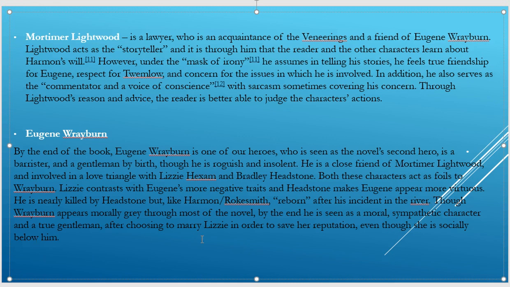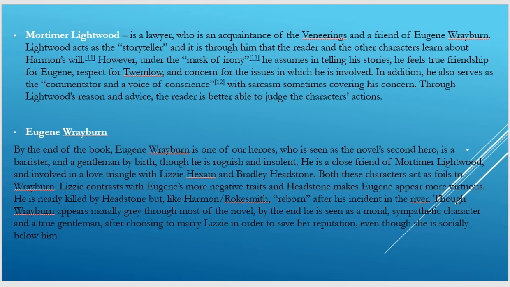So he wants to save her reputation, he wants to save her, and that's the key to understanding his character. He is very caring, and he has morals to protect Lizzie's reputation. That's the Eugene Rayburn character.